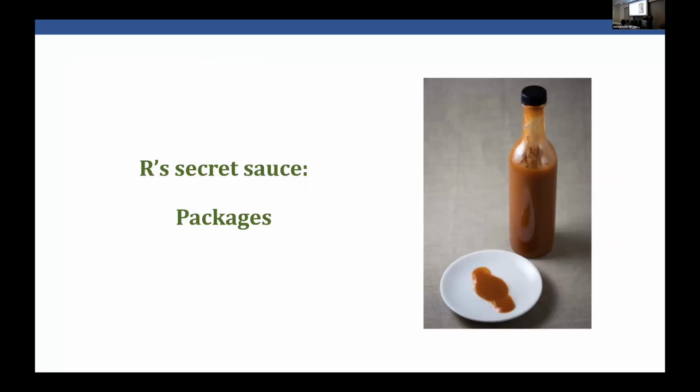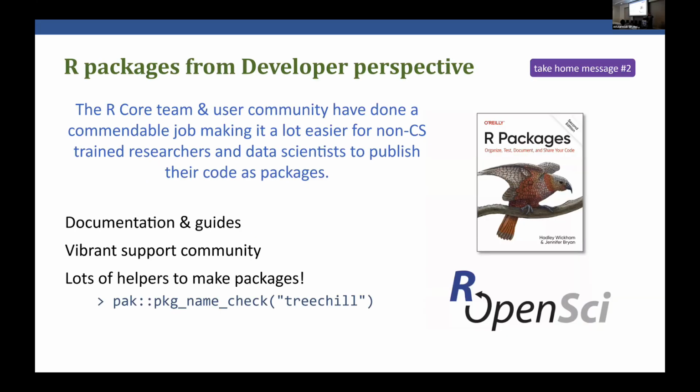All right, I'm going to skip through. I put together some slides for the coders out there. I'm going to go through them, but basically, this is a take-home message that R has done a really, really nice job, in my opinion, at helping researchers and mere mortals like myself publish their code in a robust way without having a CS background.